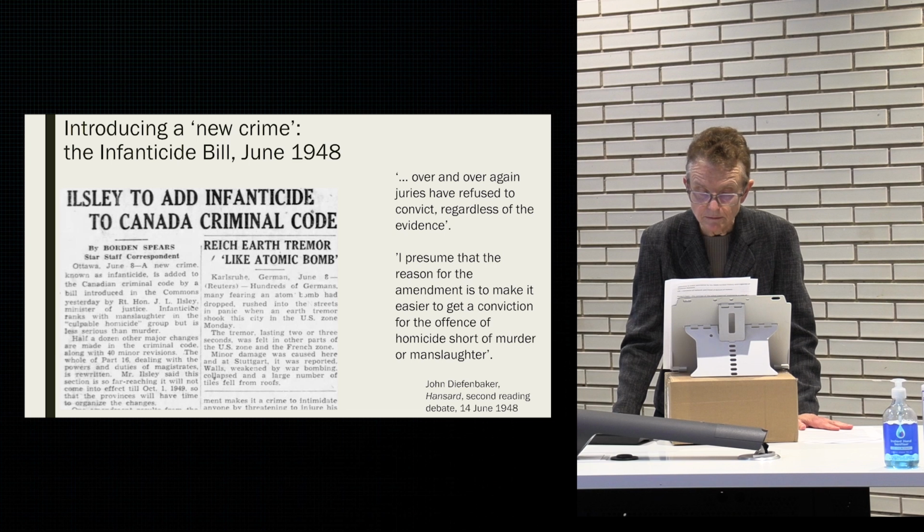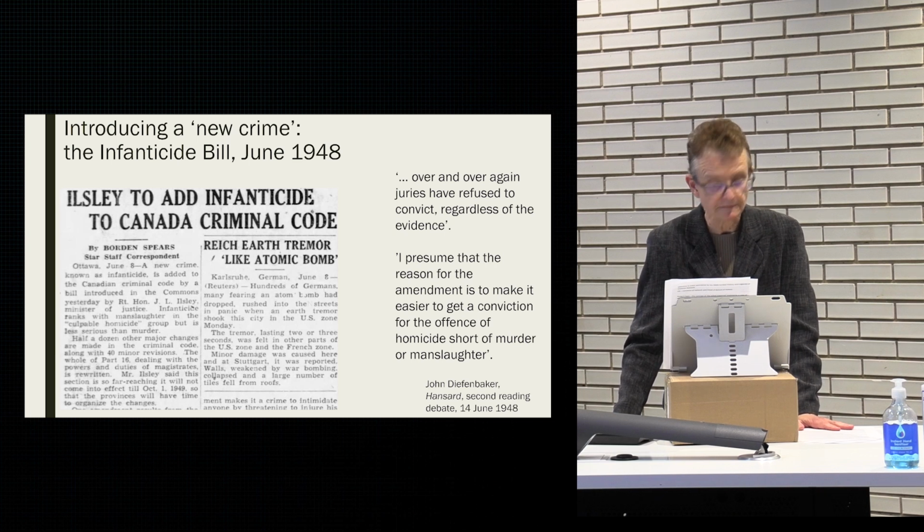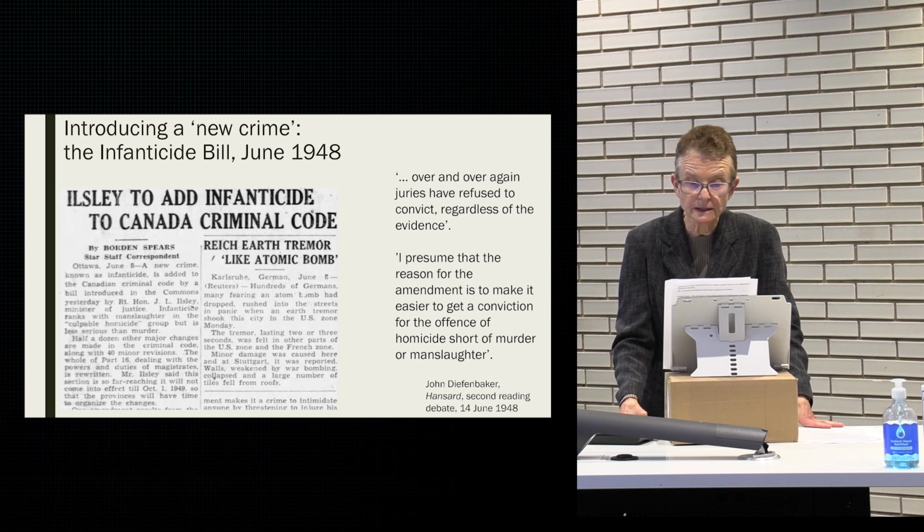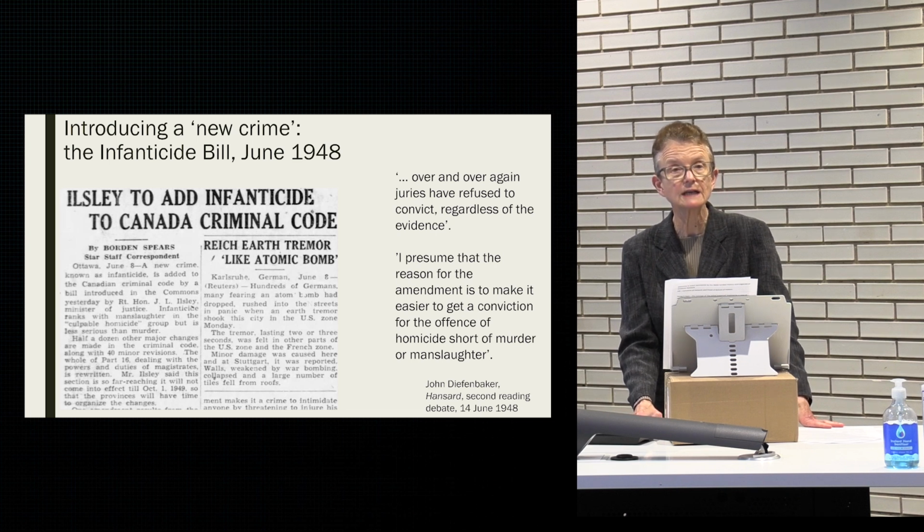So, about 8 months later, we get this bill. The reference to the unbalanced mind of the accused in the final statute of 1948 was merely an imprecise psychological gloss on the government's attempt to replace jurors' sympathies with a modified law.